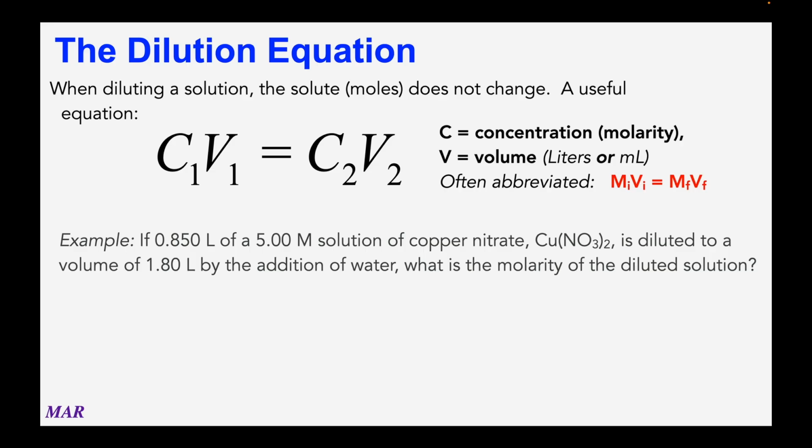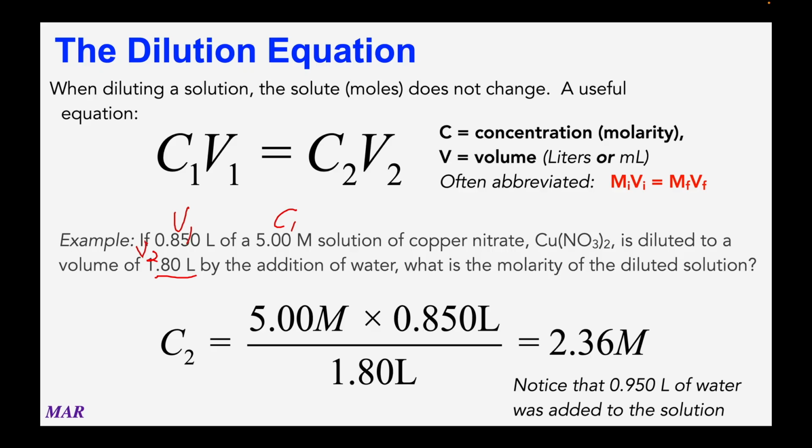We can use this to find the new concentration. In this problem, 0.850 liters, that's V1. That's the initial volume. And C1 is 5.00 molar. So you can probably see then that 1.80 liters, that's going to be V2. We're going to solve for C2. So in this case, C2 will be C1 times V1 divided by V2. So it'll be 5.00 molar times 0.850 liters.